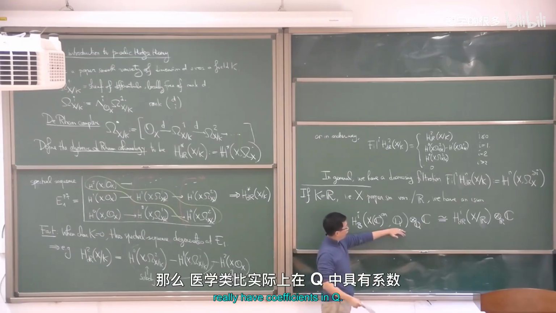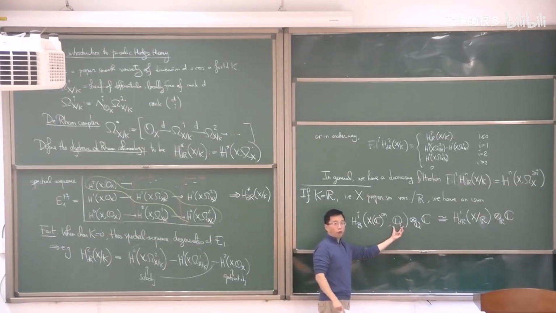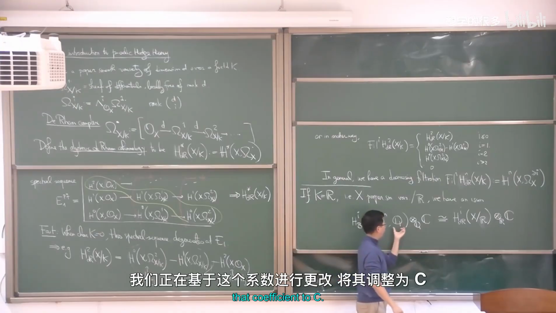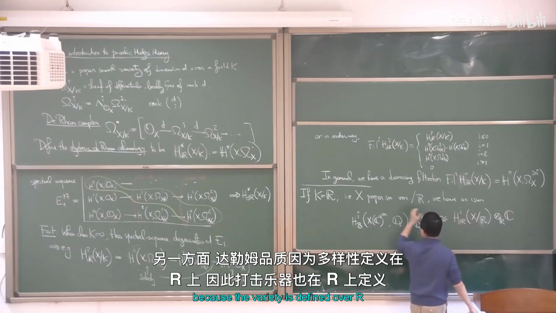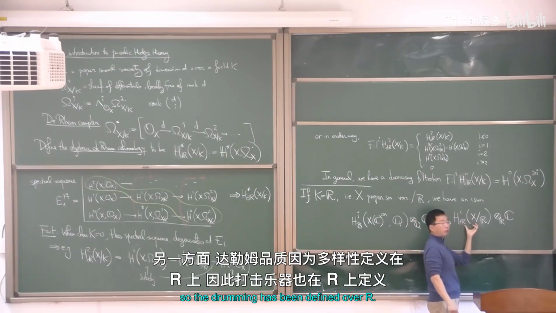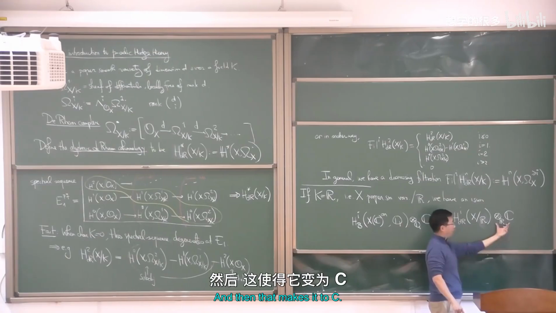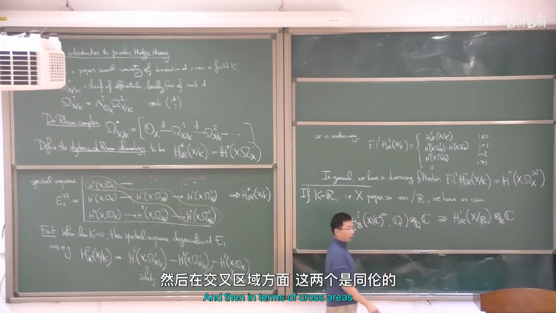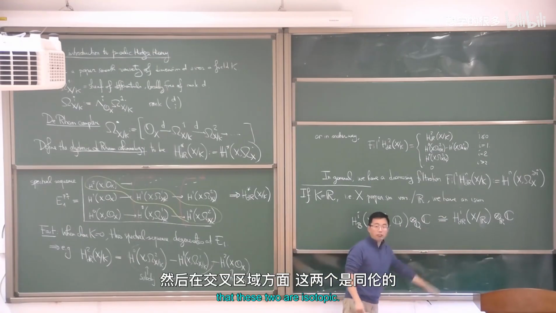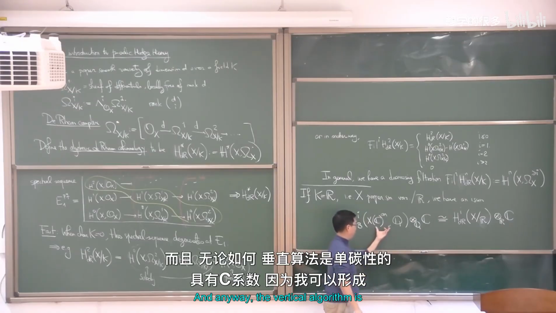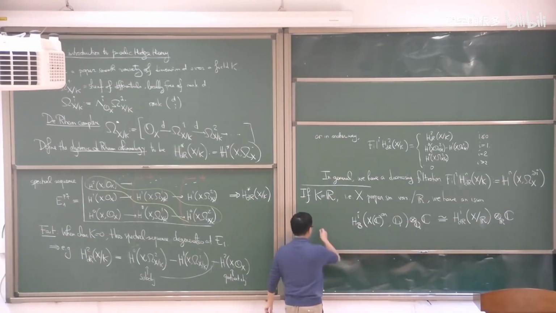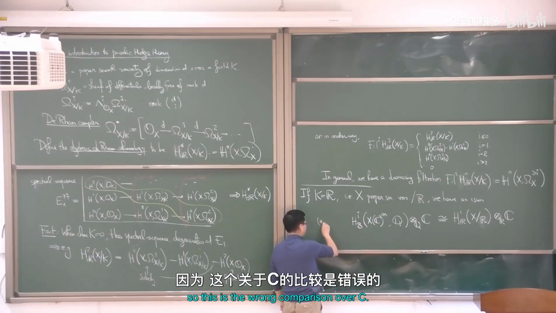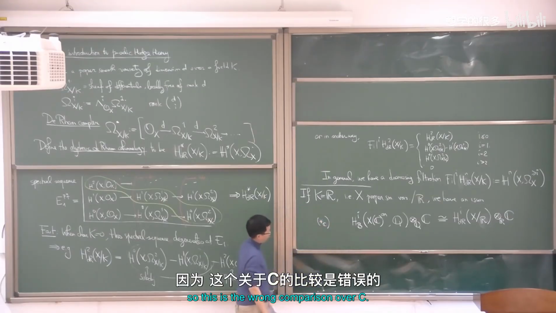Namely, the Betti cohomology really has coefficients in Q, and what we're doing is base changing those coefficients to C. On the other hand, because the variety is defined over R, the de Rham cohomology is intrinsically defined over R, and then I base change to C. Then classical Hodge theory says that these two are isomorphic. Namely, the singular cohomology with C coefficients is isomorphic to the de Rham cohomology with C coefficients. So this is the de Rham comparison over C.